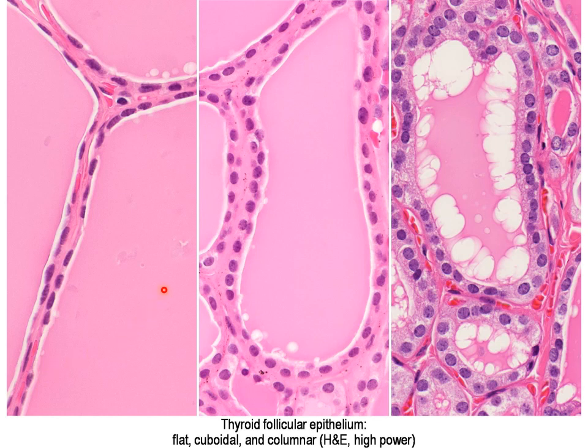When it moves towards the active state, it becomes cuboidal, and in the hyperactive gland, which you can see in this third picture, the thyroid follicular lining epithelium becomes low columnar epithelium, which you can see very easily here.